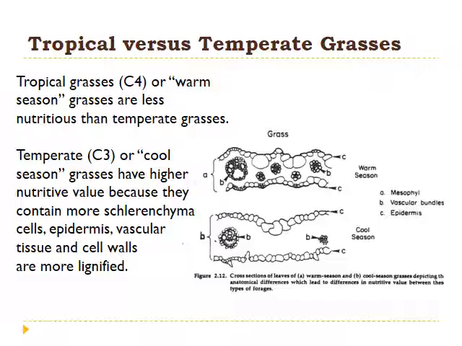Those things are good energy sources, but they take up space in the leaf, and they make it so that there's not as much cell contents or soluble nutrients in the leaf. Look at the space on the bottom diagram of the cool season plant. Very few of those vascular bundles that are just rough cellulose, and a lot of room for soluble carbohydrates. So there is a difference between those warm season grasses, which have less nutritive value, and the cool season grasses, which have higher nutritive value.